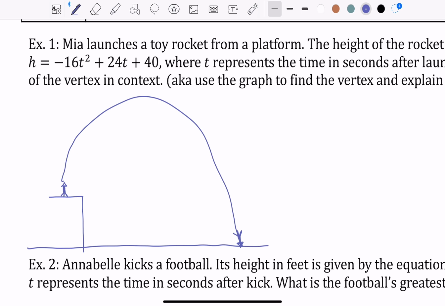Perfect. Now what we're going to do is make this look more like a graph. Here would be the x-axis, and this one here would be the y-axis, kind of along where that rocket is thrown off. It is very important that you properly label your axes. That is how you will know what you're looking for and how to find what you're trying to find.